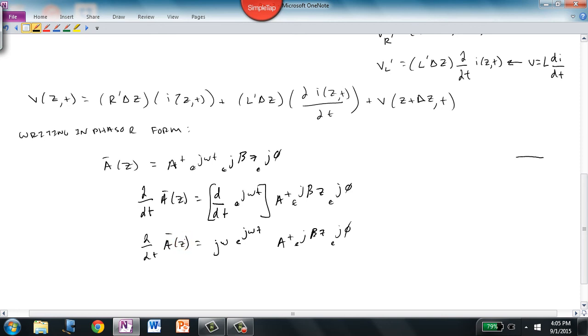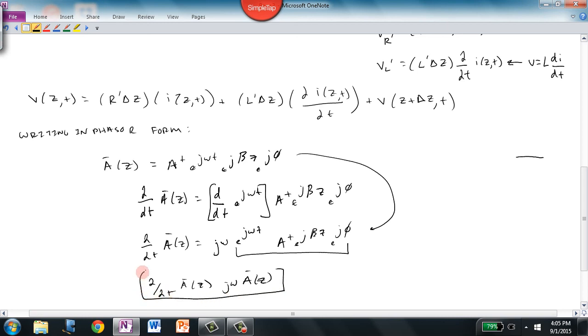So the partial derivative with respect to t of a phasor quantity is just j omega times the phasor quantity, which is one of the reasons people love to use phasors.